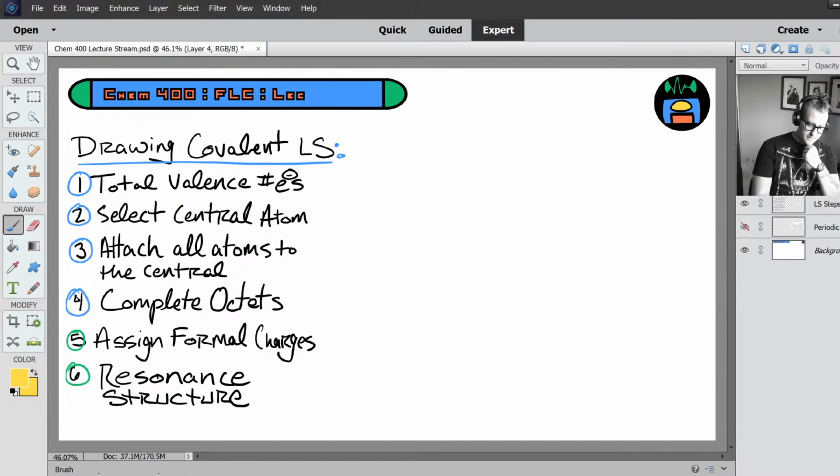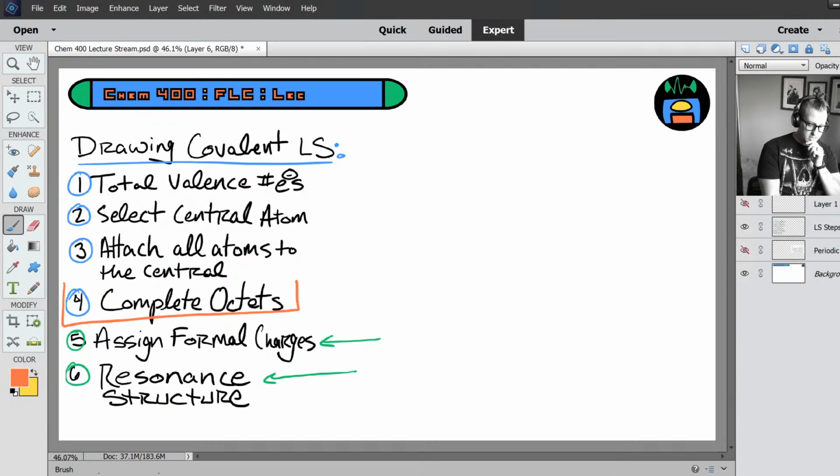As you may suspect, we are going to discuss assigning formal charges and resonance structures. But before we do, we actually need to revisit number 4, completing octets.